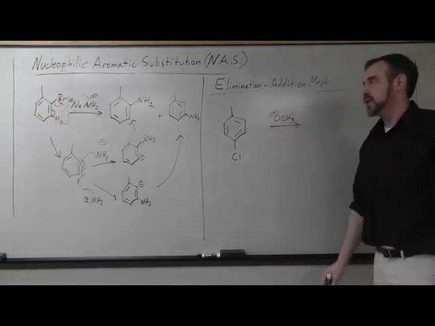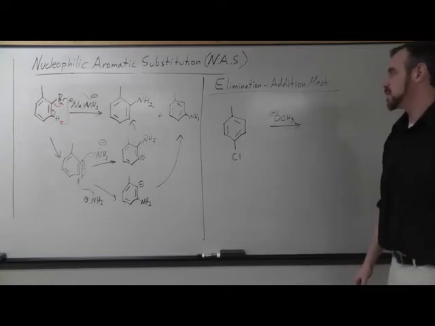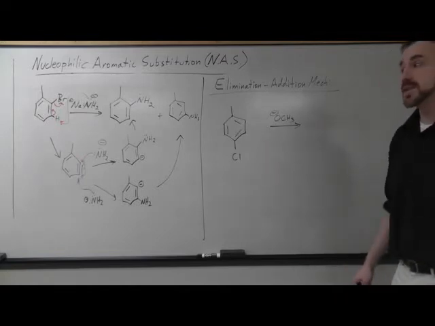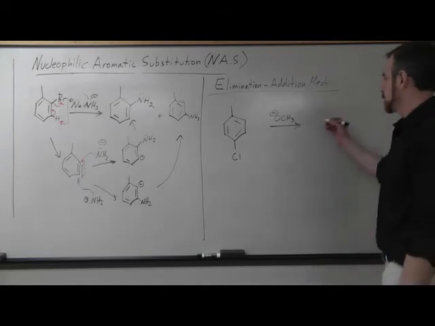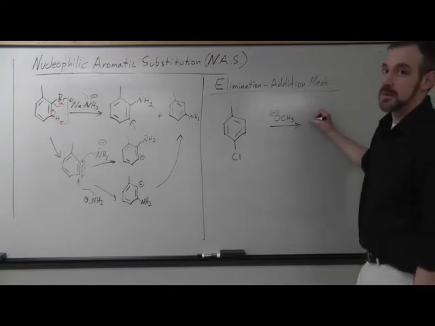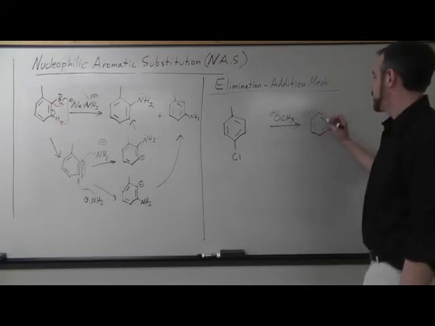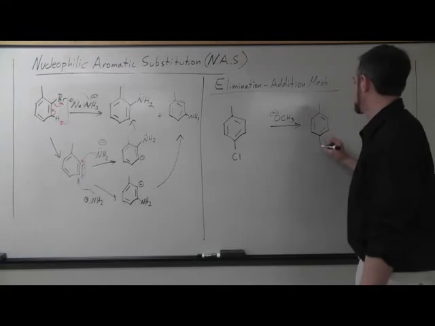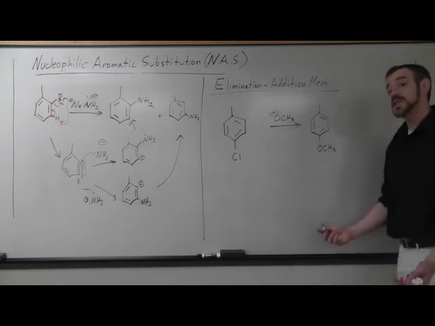And so predict the product or products you would observe from this reaction. And this is another good one to practice doing the mechanism. You should pause it and try and predict them. The first one's always easy.